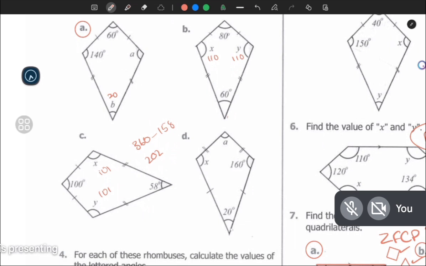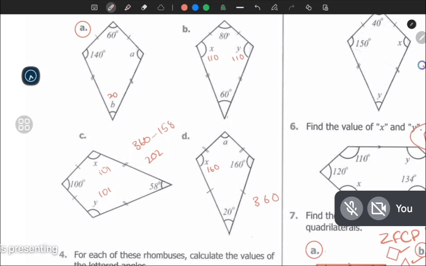A is 20, X is 160. X is 160, right? But A is not 120. Try it again. Can you try it again? I am getting the same answer.